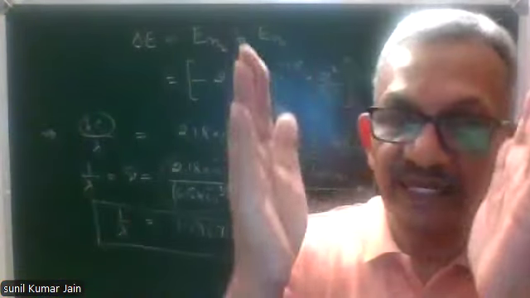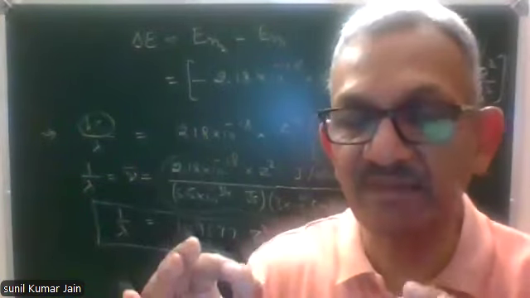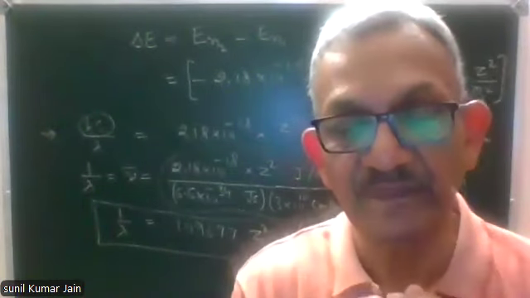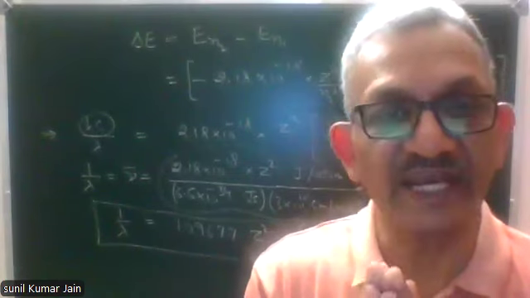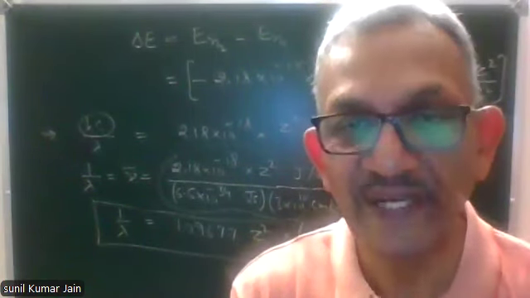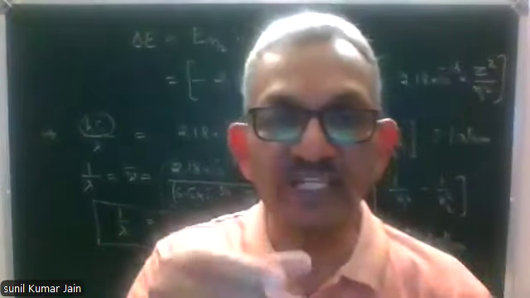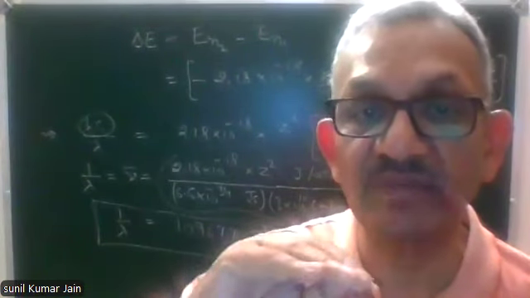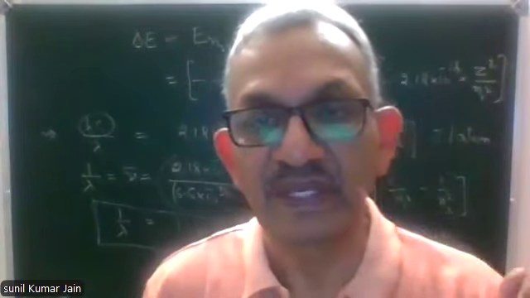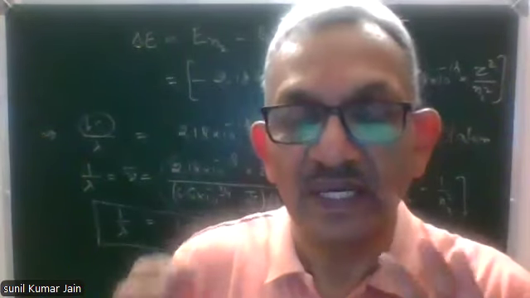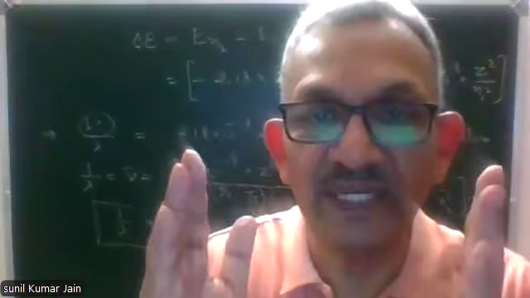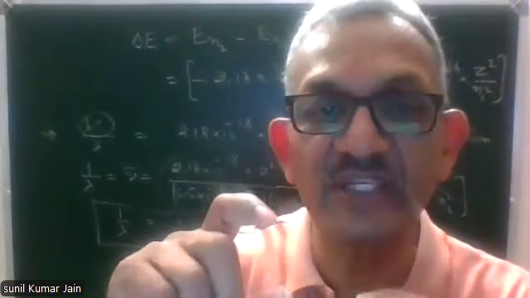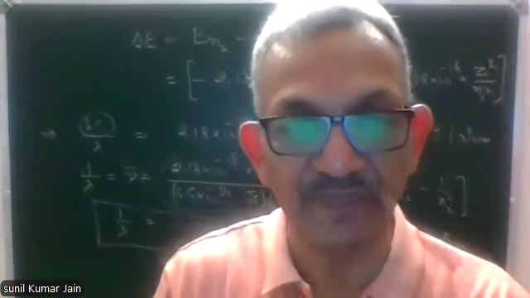Now listen. In the spectrum of hydrogen, some lines are very bright, some lines are dull. Why is it so? See, during the experiment, in the tube we take countless hydrogen atoms. If the electron in 100 atoms jumps from shell number 3 to 1, there will be some intensity, some brightness of that light.